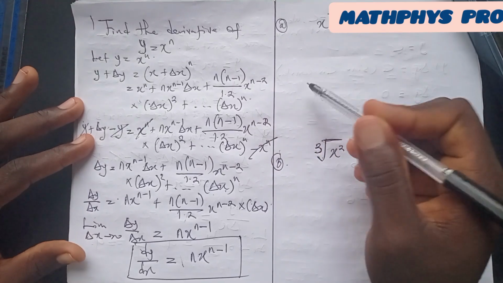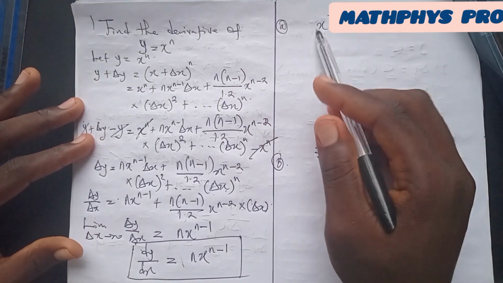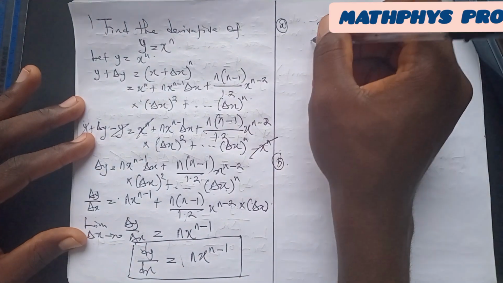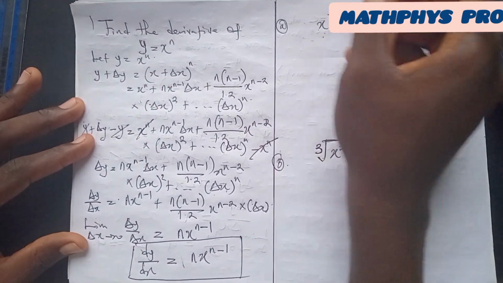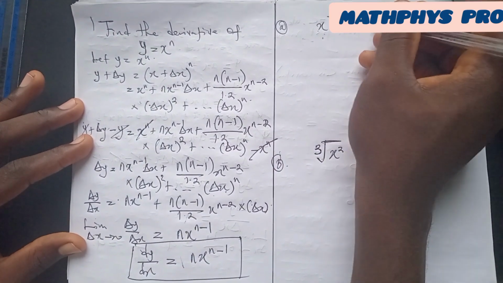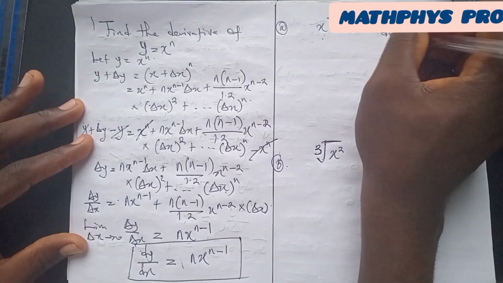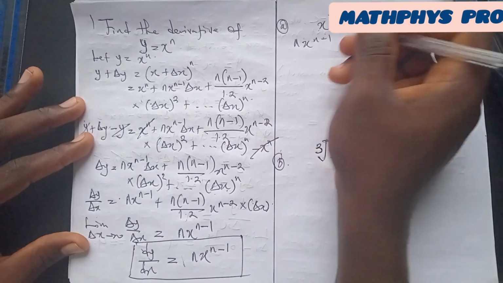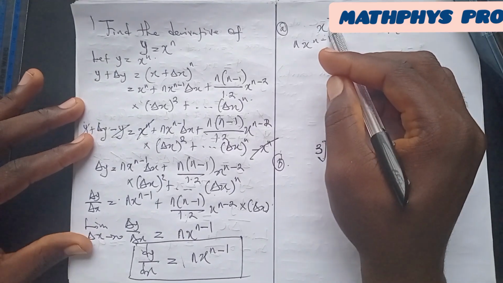Let's find the derivative of this. If we apply this formula, we have to find dy/dx. Using the formula n x raised to the n minus 1, what is n? n is 7.